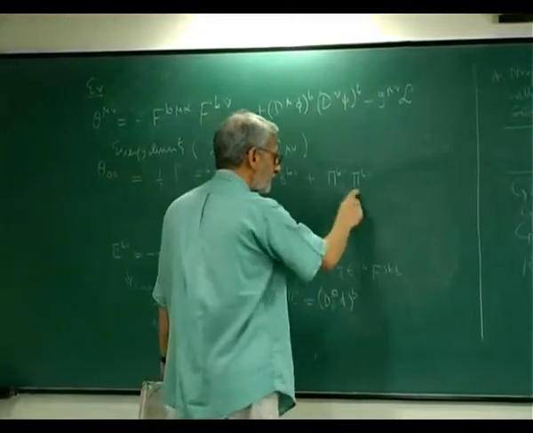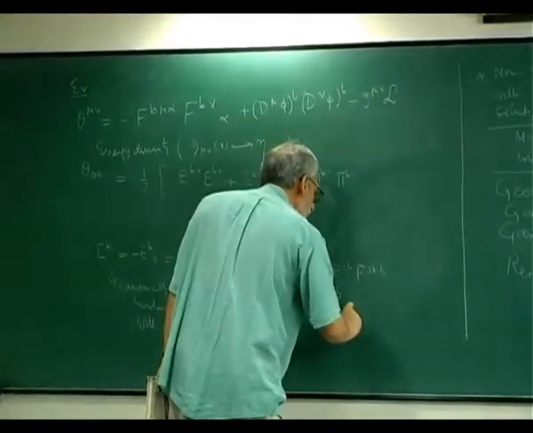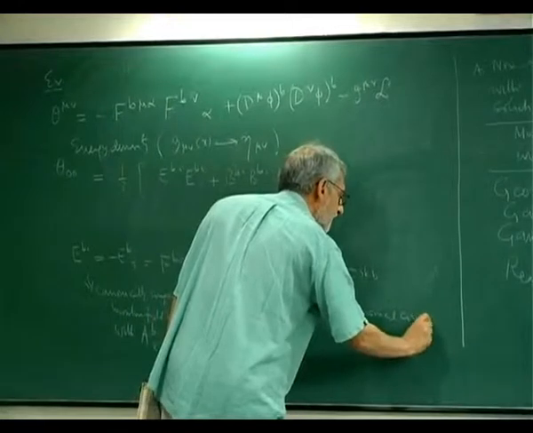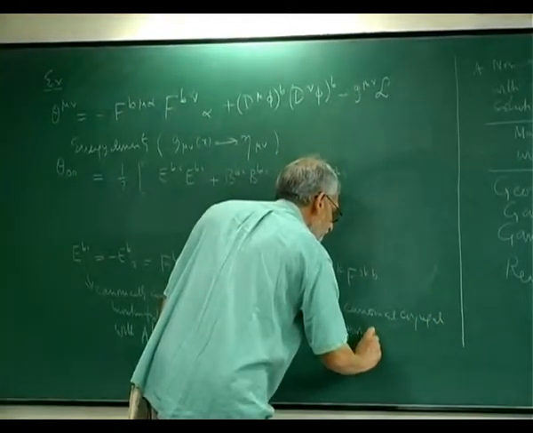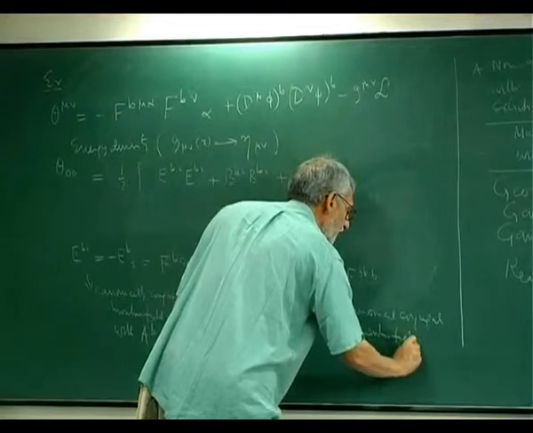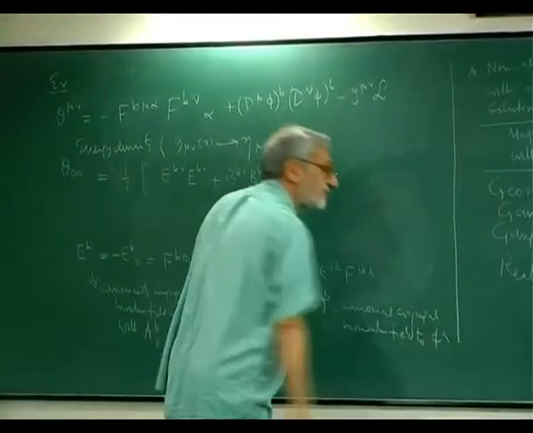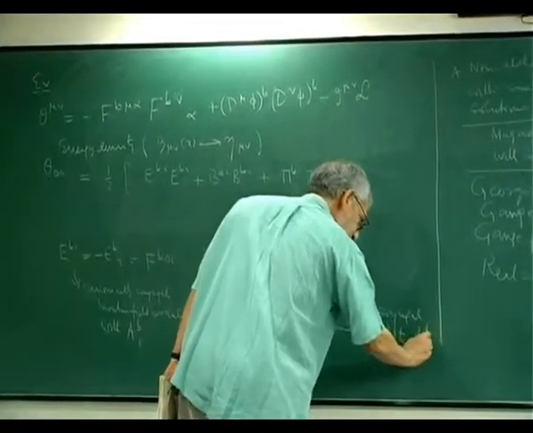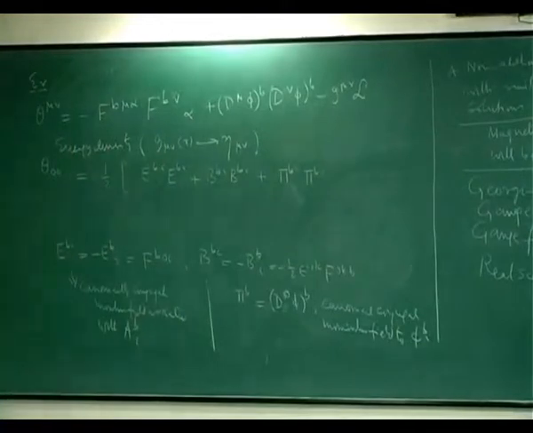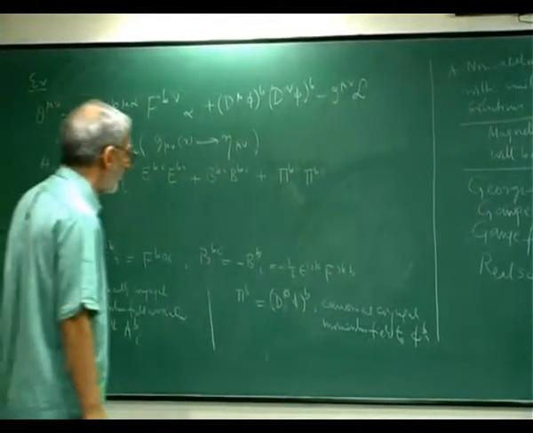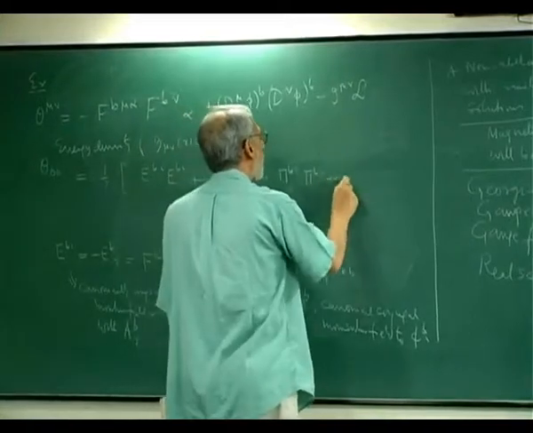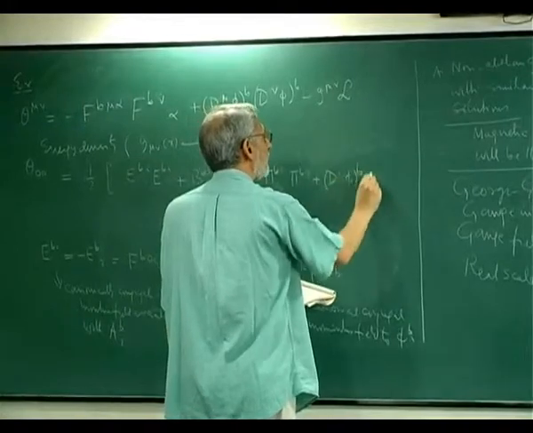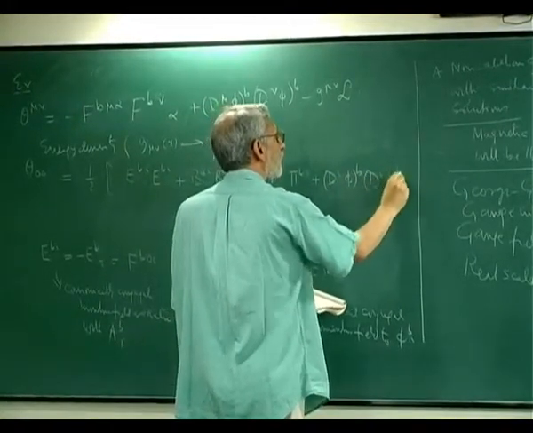The square of that object is also the canonically conjugate momentum of the field phi^A or phi^B. Then we have D_i phi^B D_i phi^B.